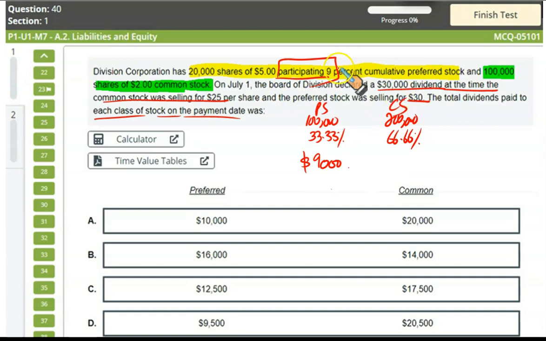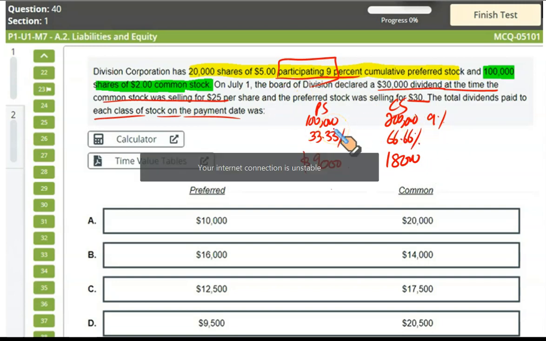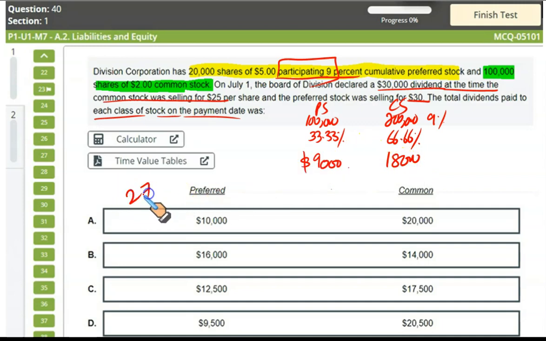So since we are talking about the participative preferred stock, the 9% rate is being used for this participating common stock. 9% would be used for common stock as well. 9% of 200,000 is going to be 18,000. So the same percentage is applicable for common and preferred stock. If you see the total dividends we have is 9 and 18, it is $27,000, whereas the dividend declared was 30.